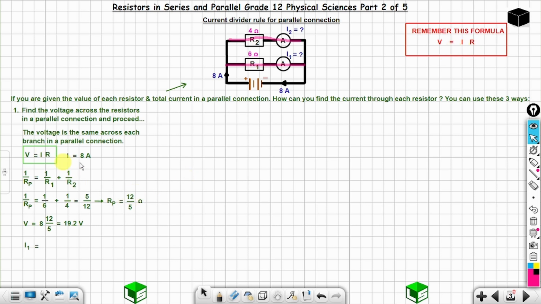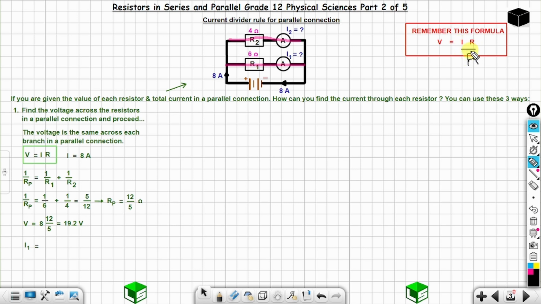You are going to use the same formula. You need the current. So let me show you. You need the current, so you have to divide by resistance so that you can cancel and you are going to be left with only the current.